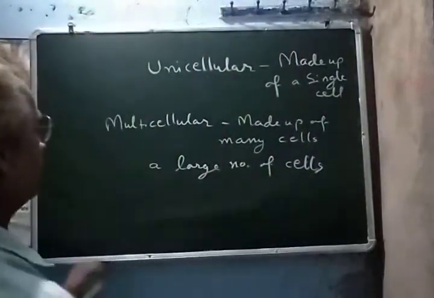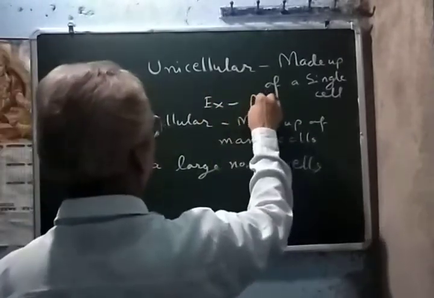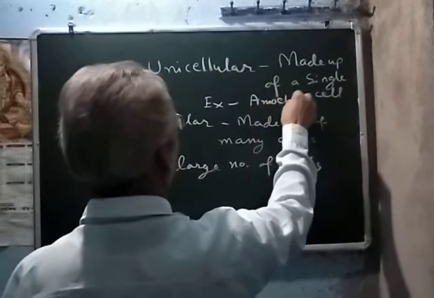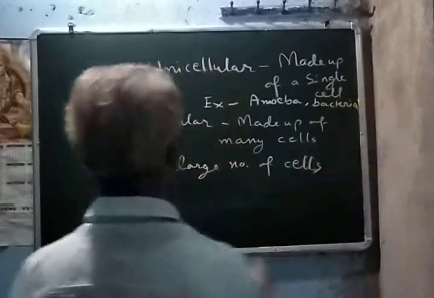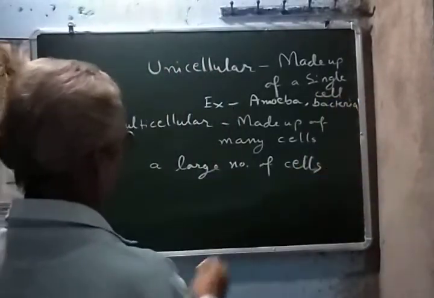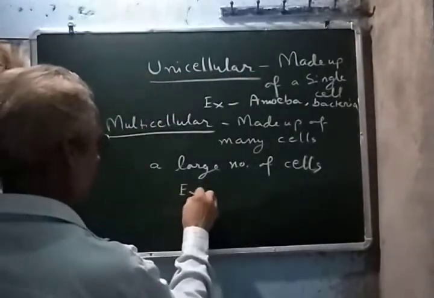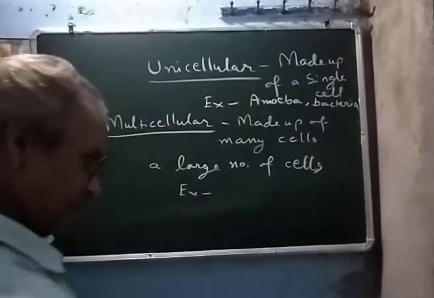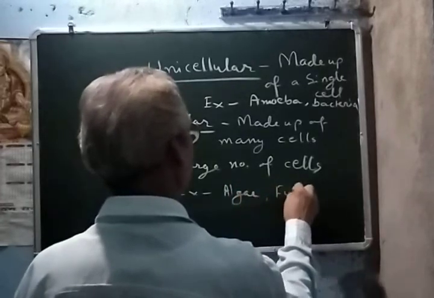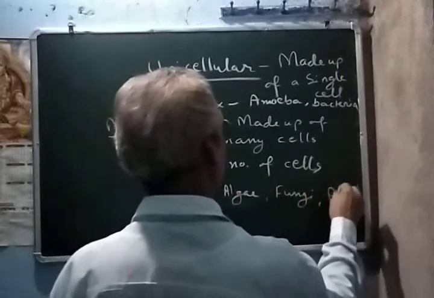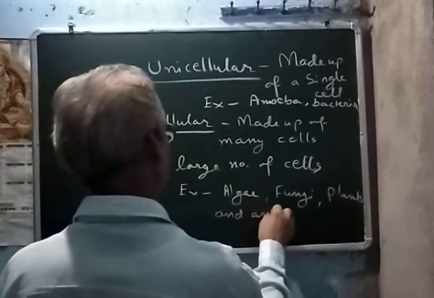Examples of unicellular organisms: amoeba, bacteria. And examples of multicellular: some algae, fungi, plants, and animals.